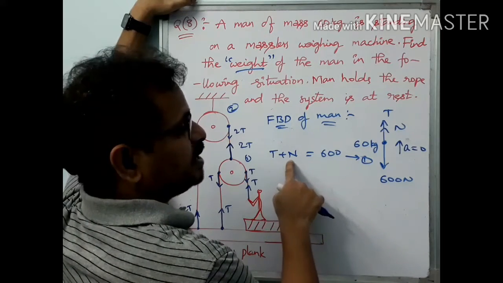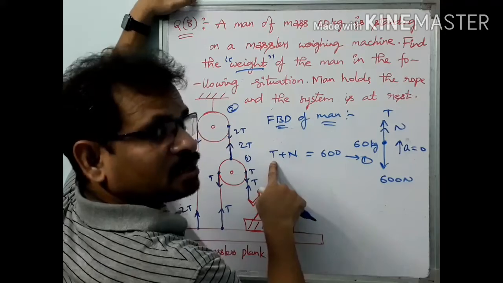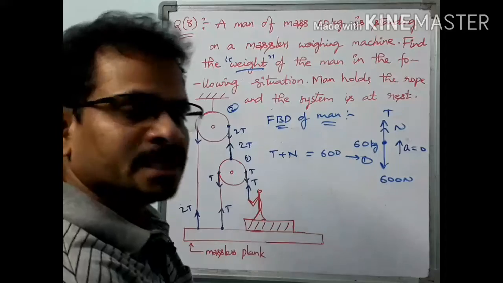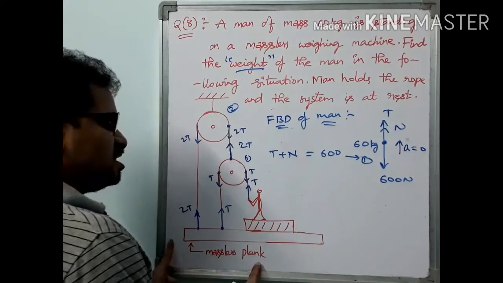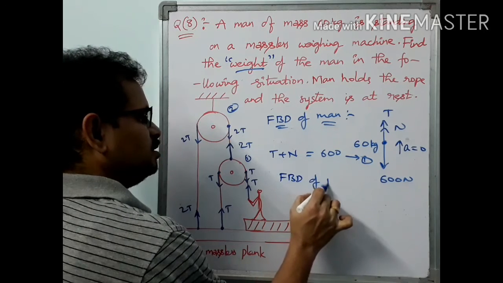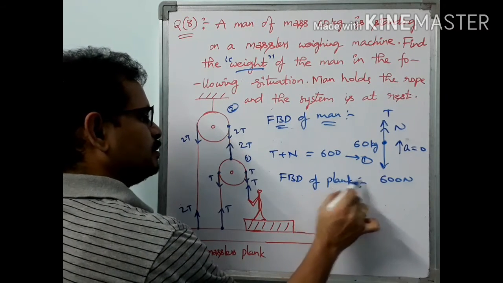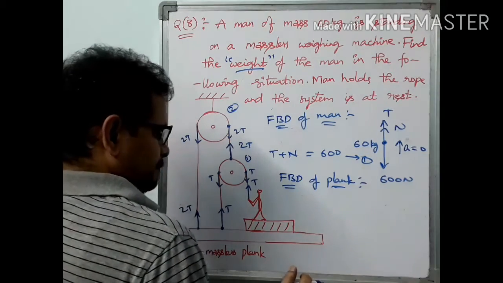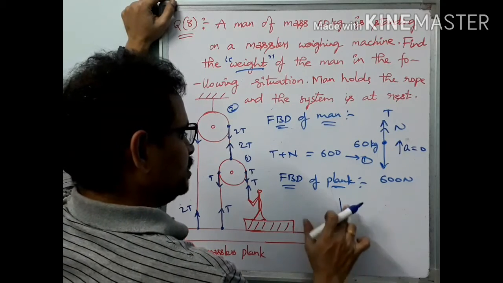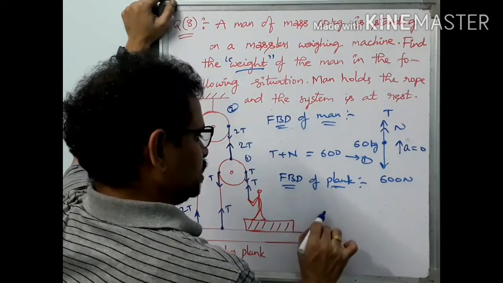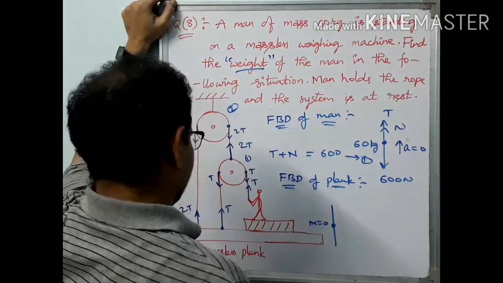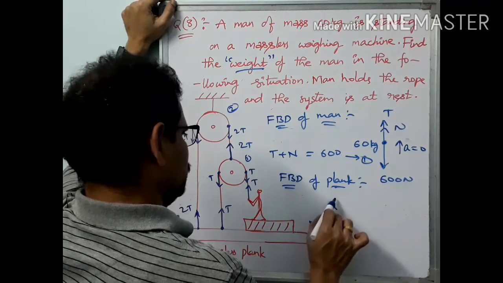Now we have to find this N. One more variable is there. It should be eliminated, so let us make one more equation. What are the bodies here? A massless plank is here. Let us take the FBD of the massless plank. What are the forces acting on the plank? Let us make the plank a point object. Mass M equals 0. Upward force 2T.